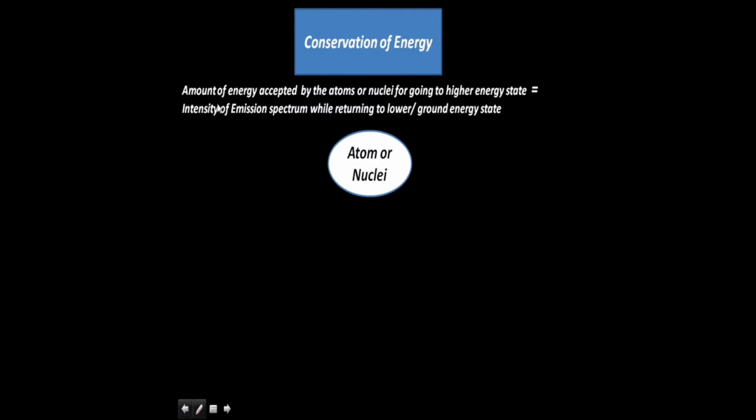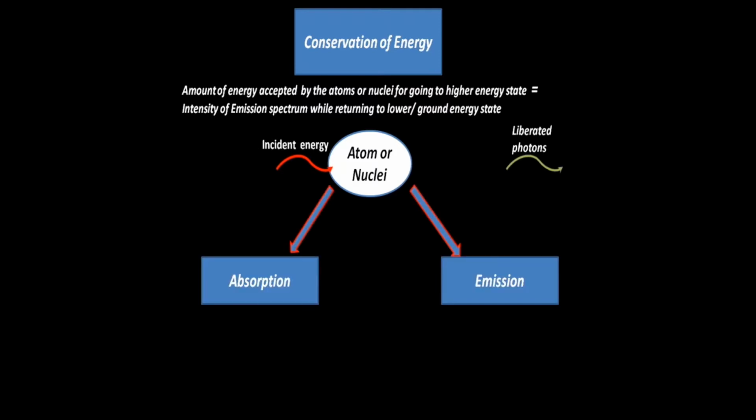The amount of energy accepted by the atom or nuclei for going to a higher energy state is equal to the intensity of the emission spectrum or absorption spectrum while returning to the lower or ground energy state. This spectrum is analyzed for identifying the presence of a particular element and for determining the composition of that particular element.